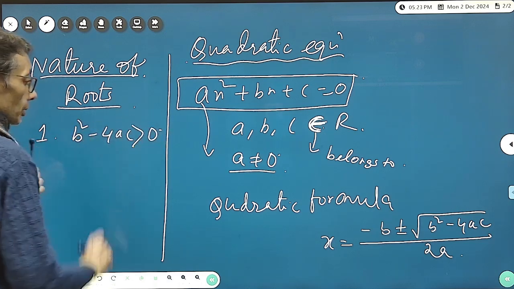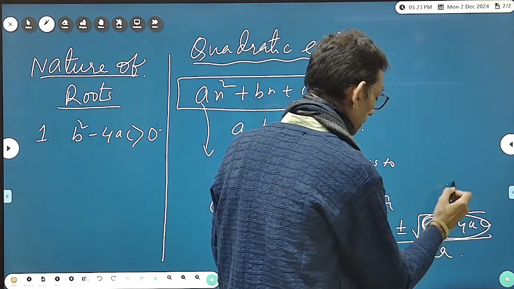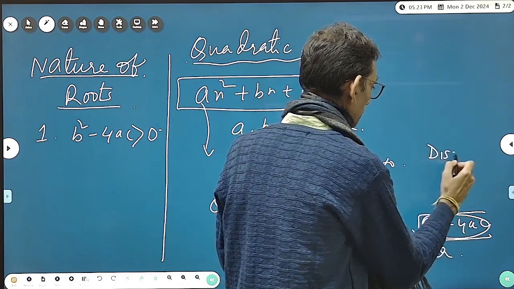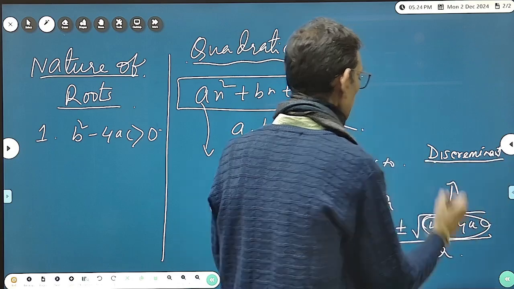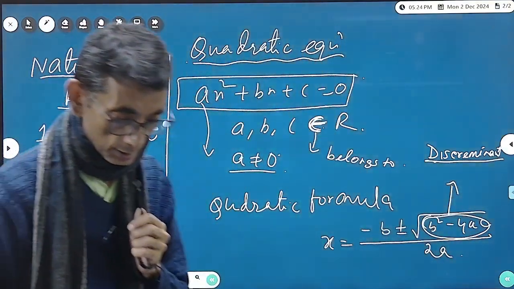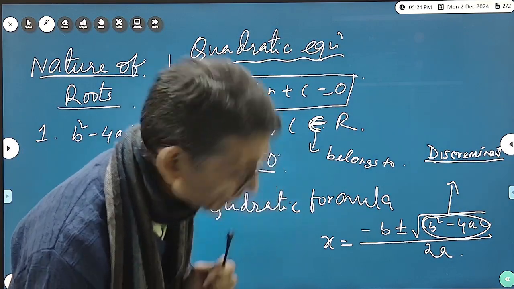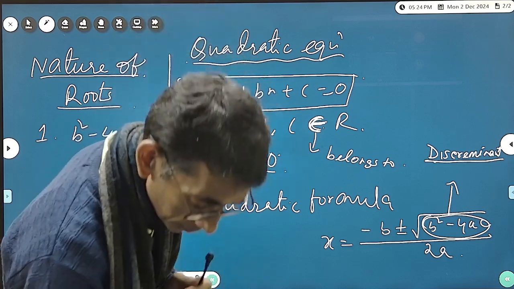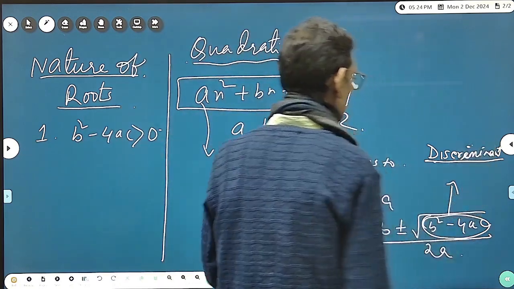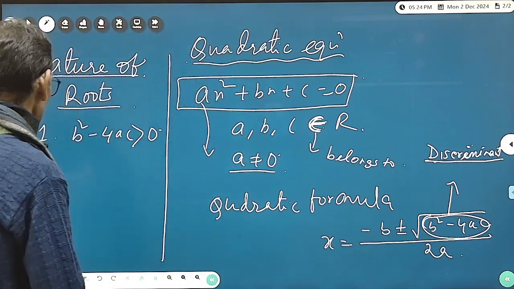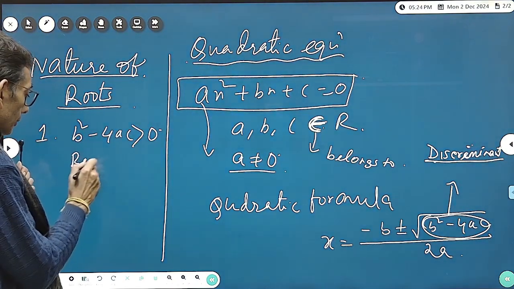What is b square minus 4ac called? It is called the discriminant. If b square minus 4ac is greater than 0, then the roots are real and unequal.